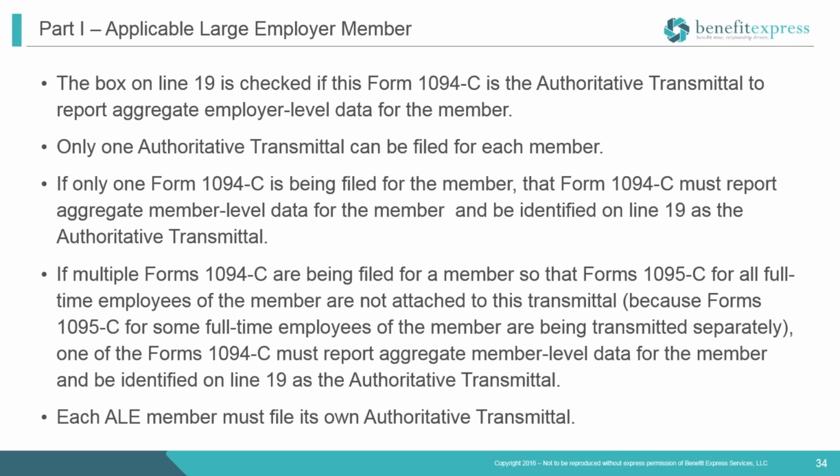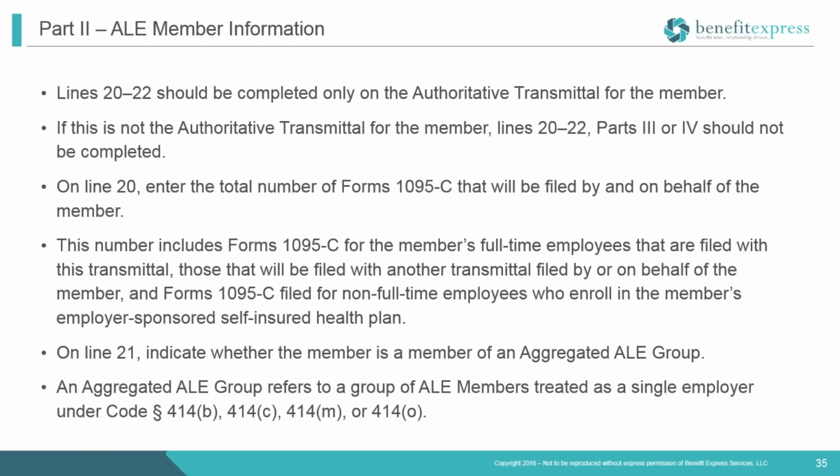If multiple 1094-Cs are being filed by a member, then one of them has to be designated as an authoritative transmittal. And each separate EIN member must file their own authoritative transmittal. So with 3 divisions with 3 separate EINs, there would be 3 authoritative transmittals. Lines 20 to 22 should be completed, but only if it's an authoritative transmittal.